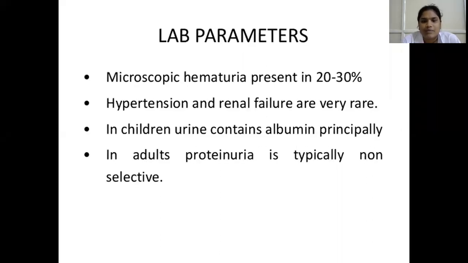Lab parameters: microscopic hematuria is present in 20 to 30%, whereas hypertension and renal failure are very rare. In children, urine contains albumin principally. In adults, proteinuria is typically non-selective.